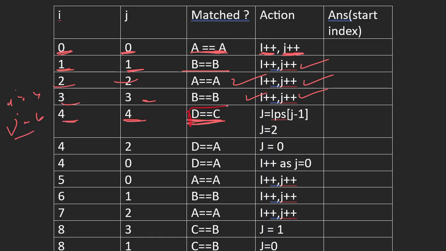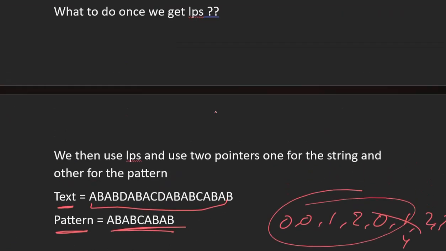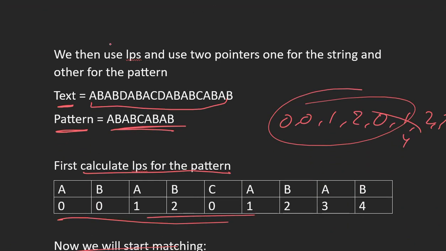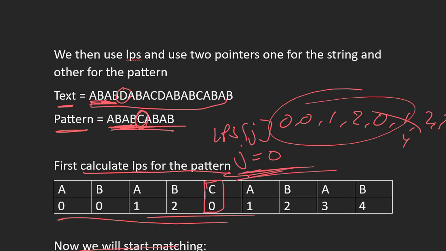Now the case is, mismatch happens at this point. See, AB is matched, AB is matched, this D and C is mismatched. So we'll see what is the LPS of J. LPS of J is 0, so we'll update J to 0, right?